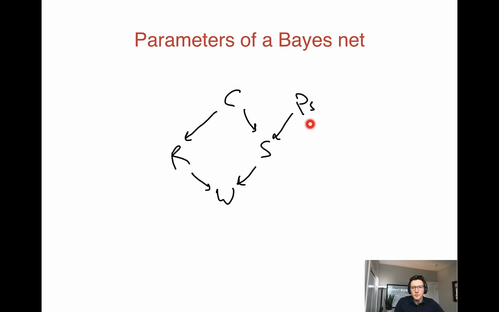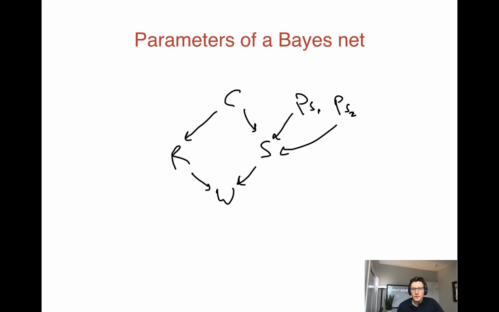In this case, PS would be two values. We could write it like this, perhaps, even if we wanted to be really explicit. Given that it is cloudy, what's the probability of S? And given that it's not cloudy, what's the probability of S? So if I don't know what those values are, I can just put those as additional variables, and they're going to go as parents of S here.